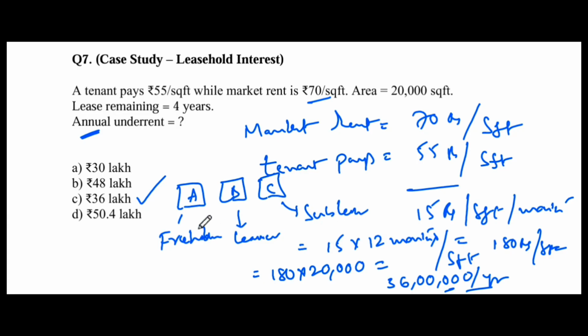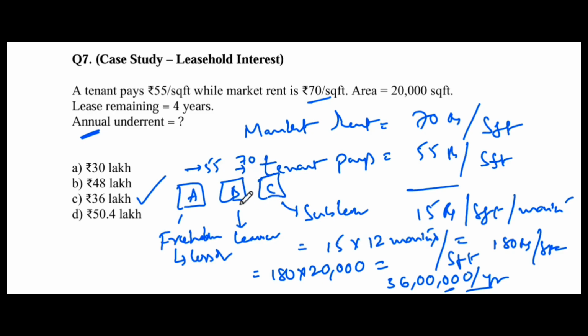The freeholder A, lessor, right? The lessor A has given property for the lease to B. To how much? 55 rupees. And again, B has given sublease to C for 70 rupees.